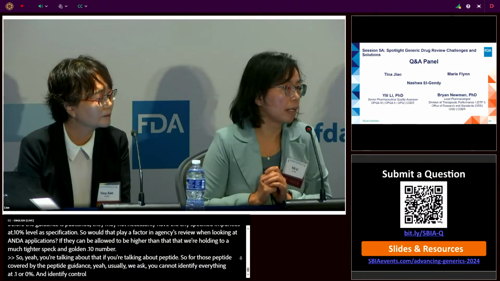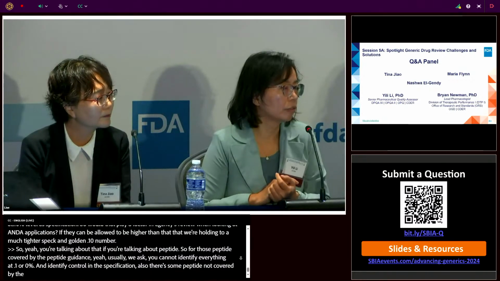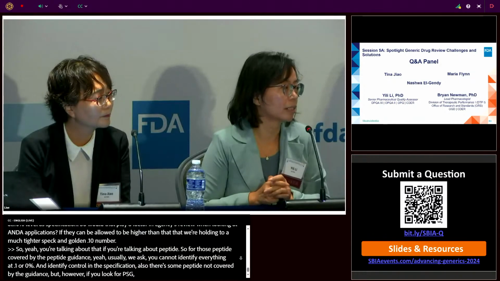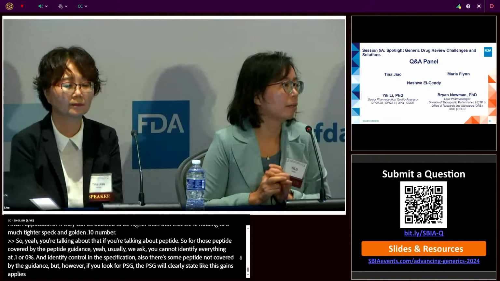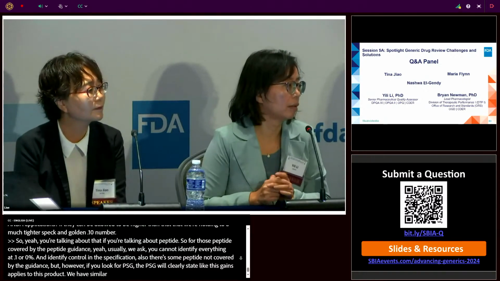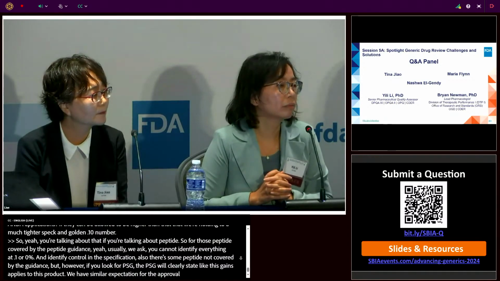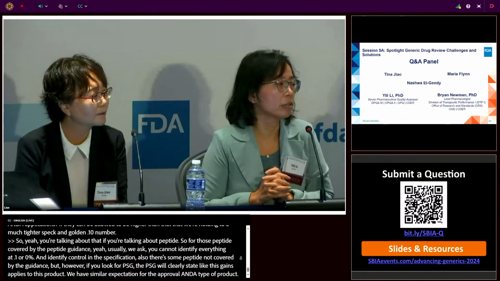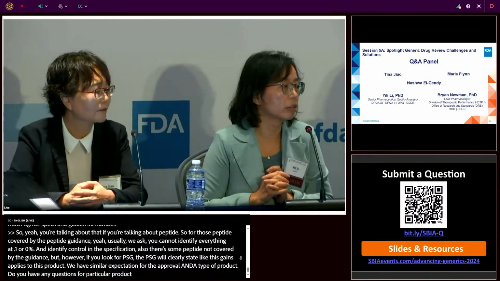Also, there are some peptides not covered by the guidance, but if you look at the PSG, the PSG will clearly state that this guidance applies to this product. We have a similar expectation for the approval at the end for that type of product. Do you have a question about a particular product, or just general questions?